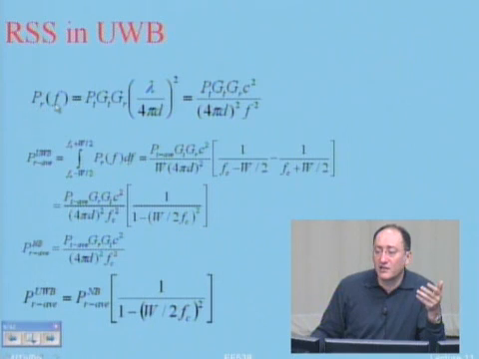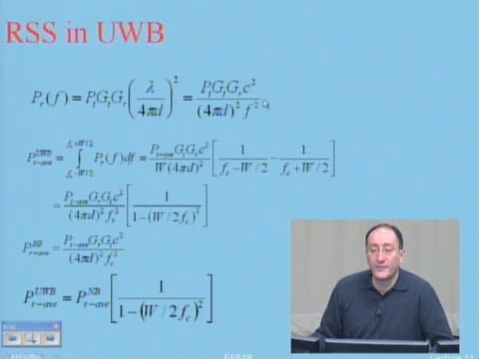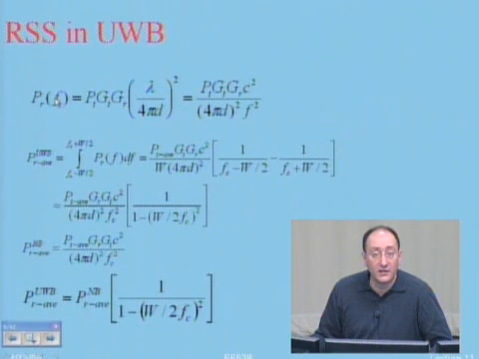Receive signal strength, you remember this equation. This equation was the received power in terms of transmitted power, which is a function of f, frequency, because lambda is a function of f. If I put lambda as c over f, I get this equation.